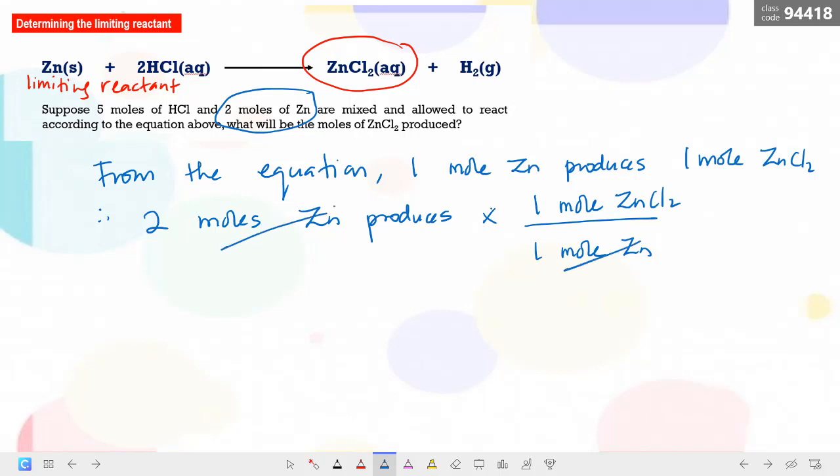Okay, so you will get 2 moles of zinc chloride produced. Okay, kelas? Okay, saya harap contoh ni jelas dan boleh bantu awak.